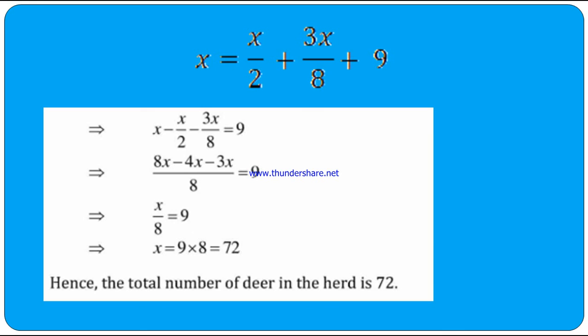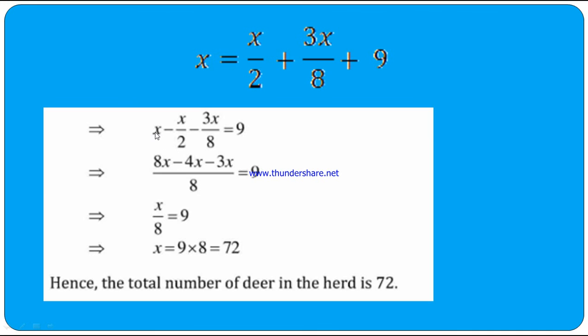The LCM of 1, 2 and 8 is 8. For the first term, x by 1, what is to be multiplied with 1 to get the denominator 8? 8 only. So 8 into x, 8x, over the LCM 8.